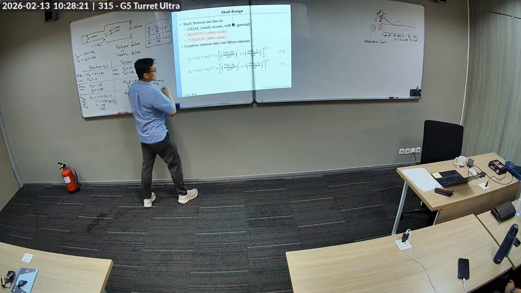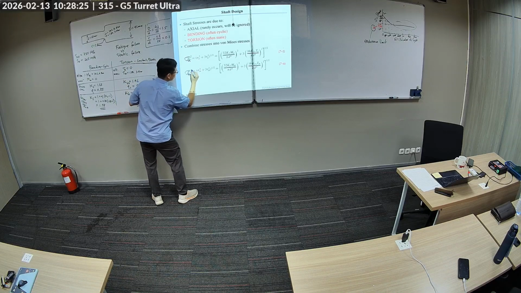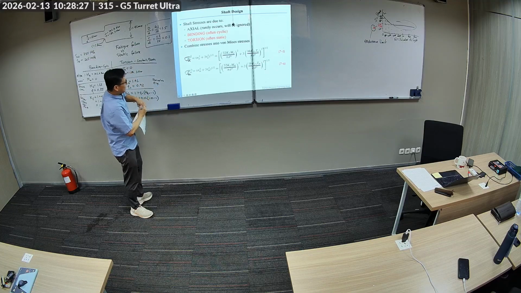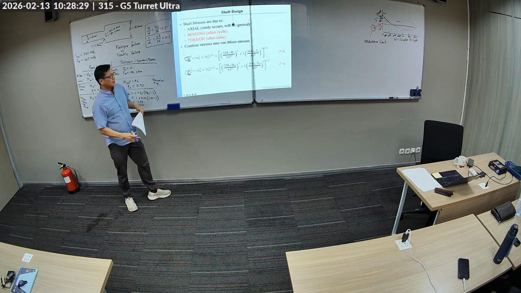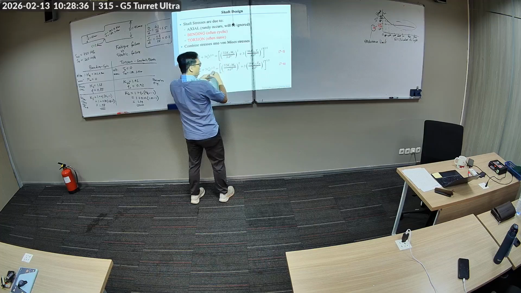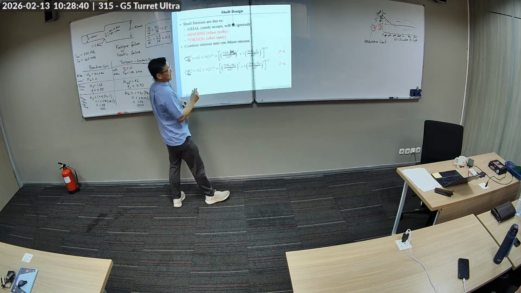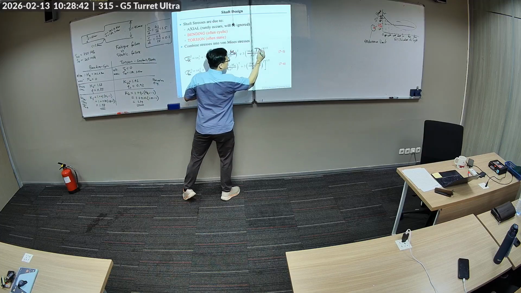So here's the alternating. This is the mean. The alternating von Mises stress is affected by two big terms here. And this is MA. And I'll just highlight it. This is MA. This is TA.